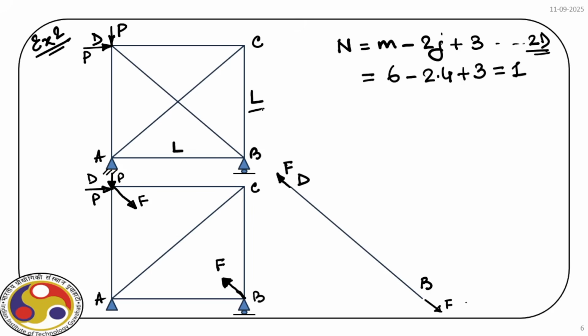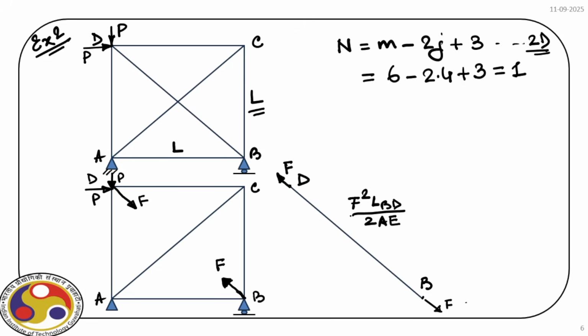Now, from the dimension, we can find out the length of the members DB, right? And we can also find out the strain energy stored in this member, and that is F square, F is the unknown member force, times L BD divided by twice AE.